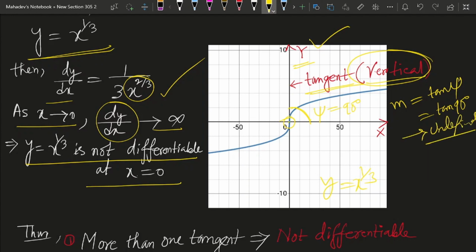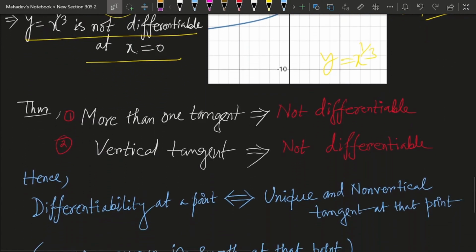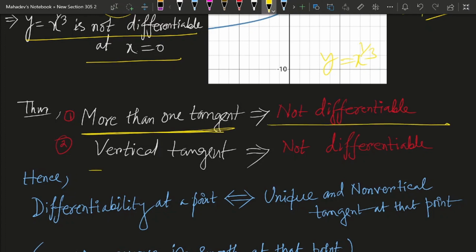So how can we find dy/dx? Because m is nothing but dy/dx. So m is undefined, which means your function is not differentiable at that point, although it has a unique tangent at that point. So with more than one tangent at a point, your function is not differentiable. With a vertical tangent, your function is not differentiable.